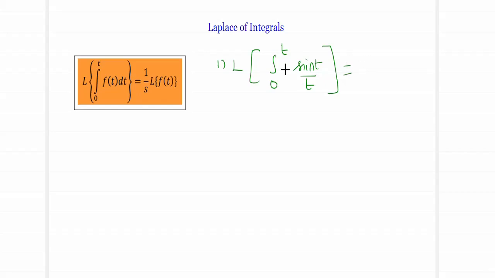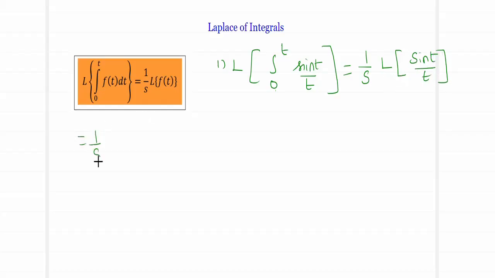Whenever I find integral from 0 to t, I will have to multiply by 1 by s and then take Laplace of the remaining left out function. What is my left out function? It is sin t divided by t. So it is 1 by s Laplace of sin t by t.